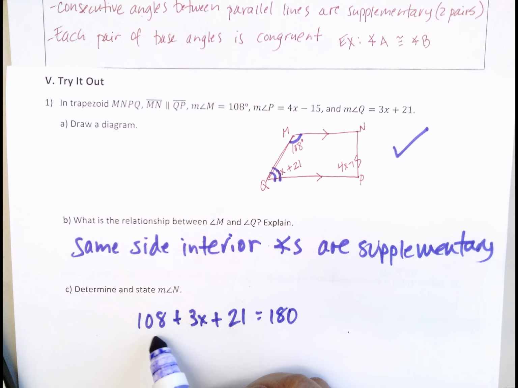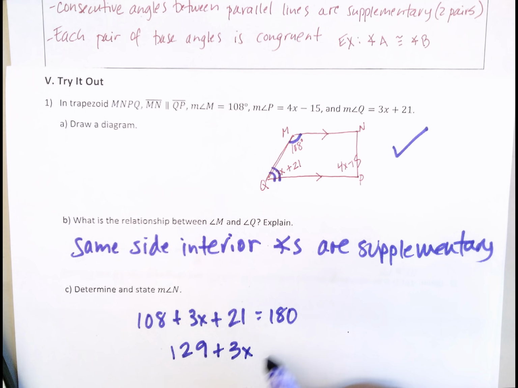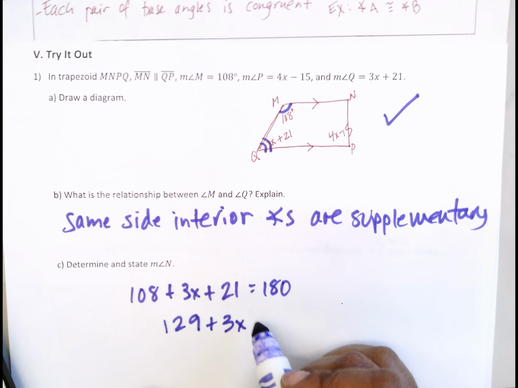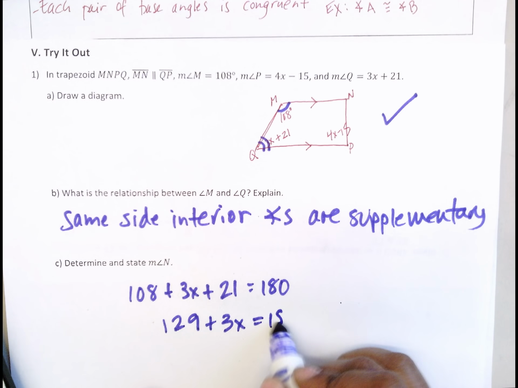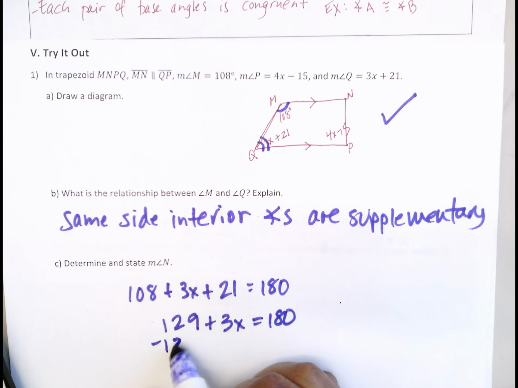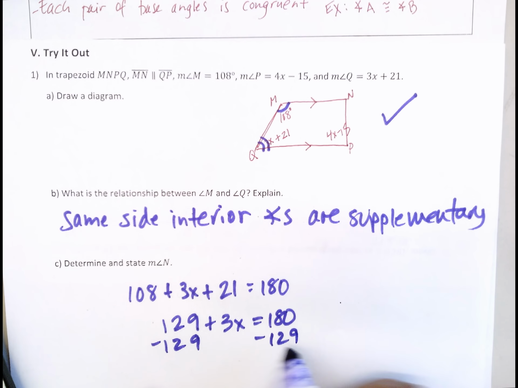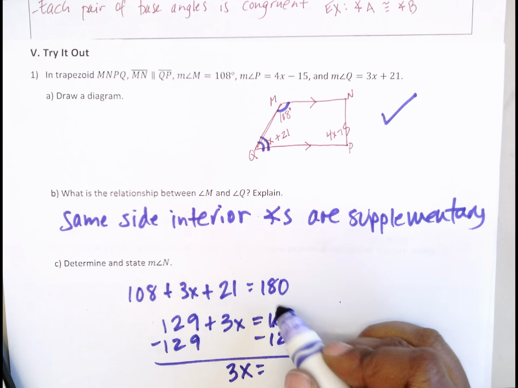So then we take 21 and 108 and add them, and that's 129 plus 3x equals 180. Then we subtract 129 from both sides.